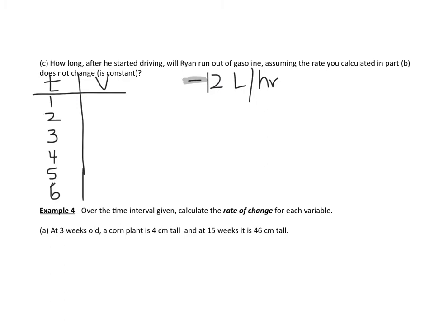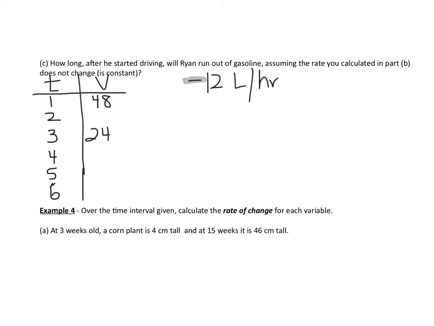So I went ahead and filled in some numbers under my time column. According to the question, the first real value that they give us is that at 1 hour, Ryan had 48 liters of gasoline left in his car tank. And then at 3 hours, he had 24 liters of gas left.